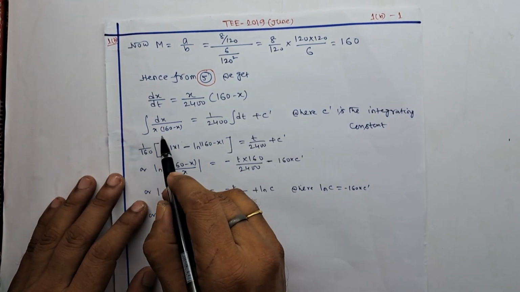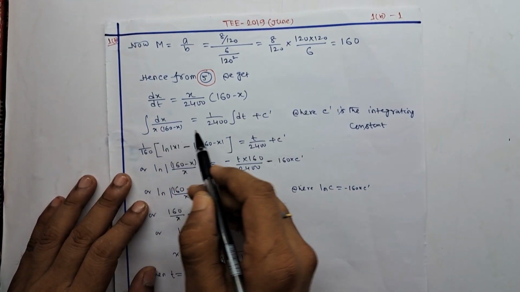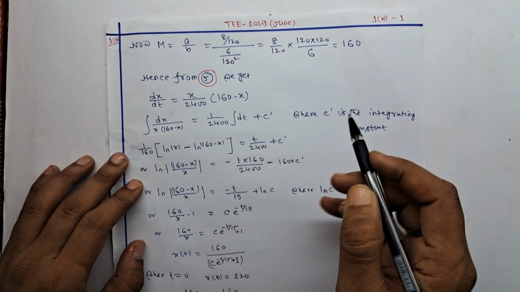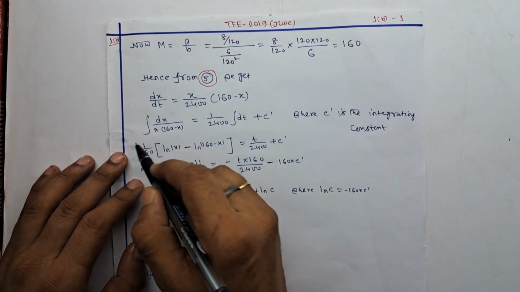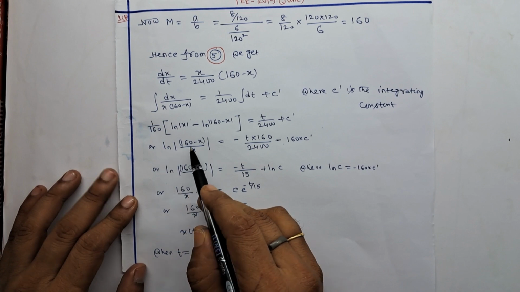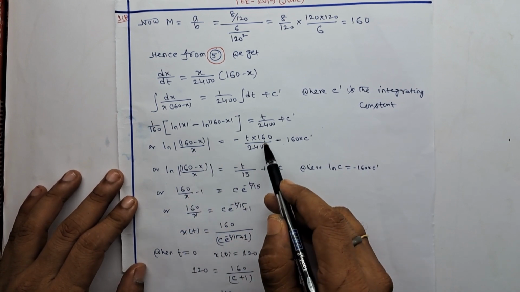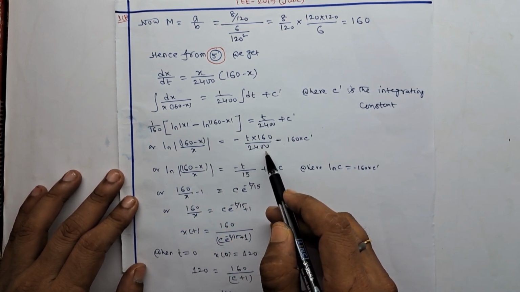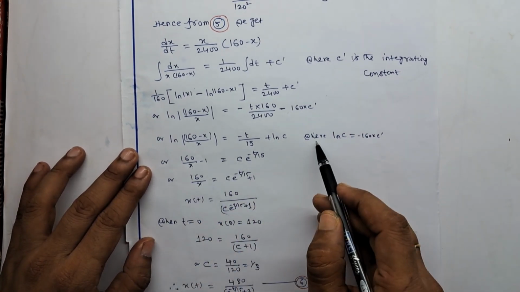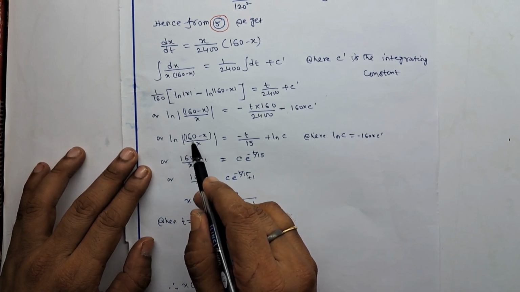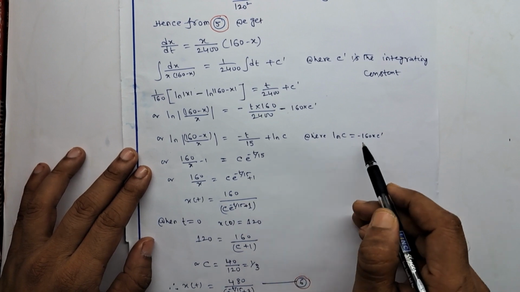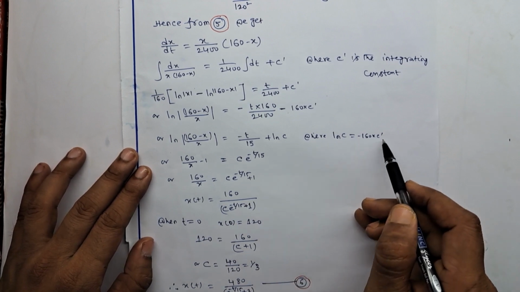Now dx by x(160 minus x) equals dt by 2400 plus c dash, where c dash is the integrating constant. I am integrating both sides. After integration, we get ln of (160 minus x) by x equals minus t into 160 by 2400 minus 160 into c dash. Now we get ln of (160 minus x) by x equals minus t by 15 plus ln c, where ln c equals 1 minus 160 into c dash.